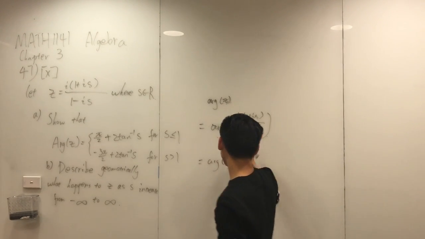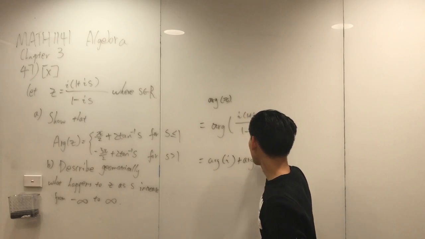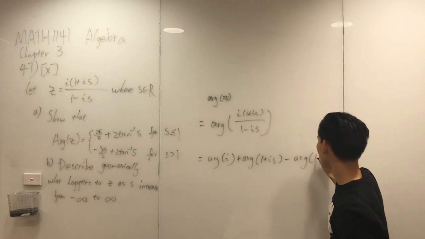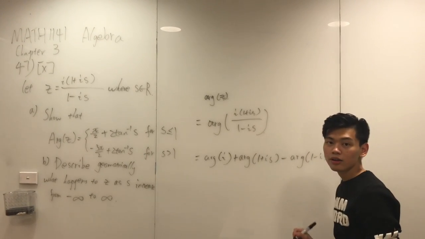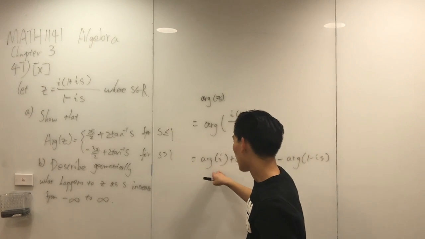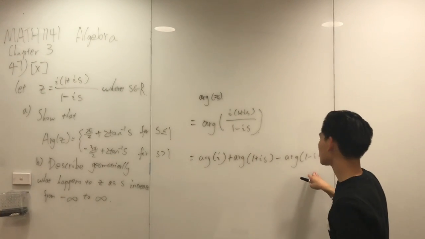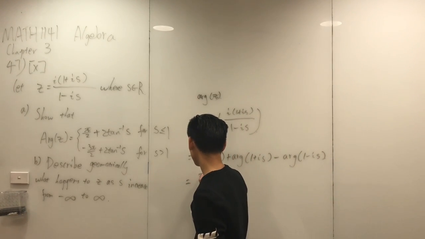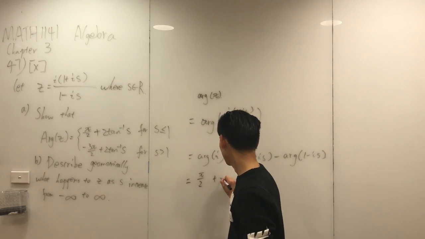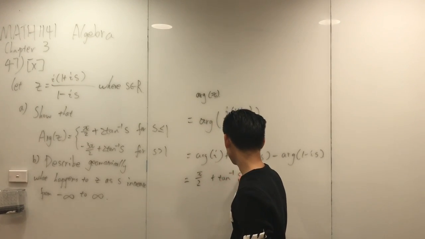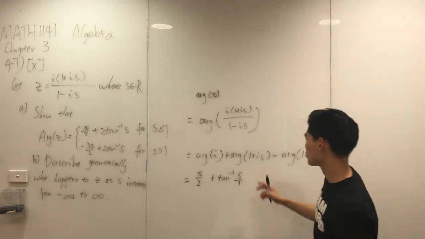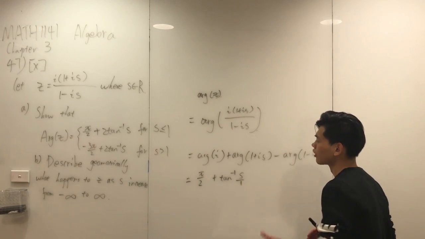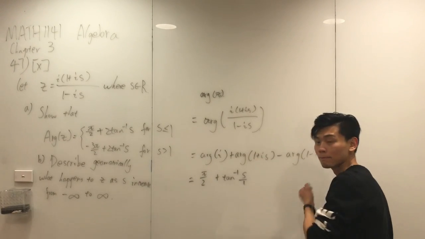I can write it as arg i plus arg (1 + is) minus arg (1 - is). Right? Now we can find arg i, arg (1 + is), arg (1 - is), which is pretty easy for you guys. So it will be pi/2 plus inverse tan s on 1, because s is a real number, so it's just 1 plus is. When you find the arg, you just take inverse tan of s divided by 1.